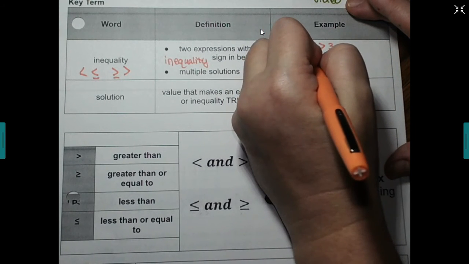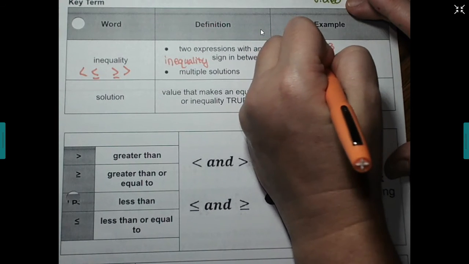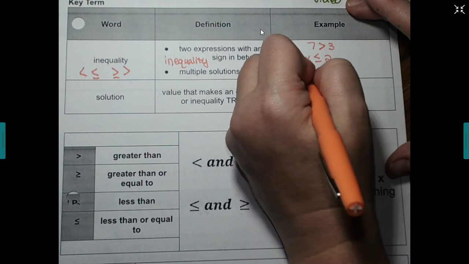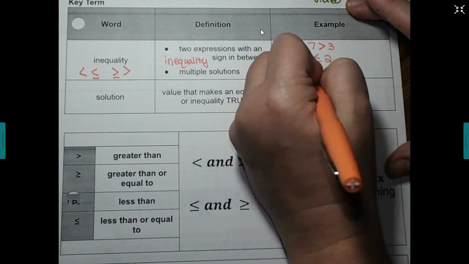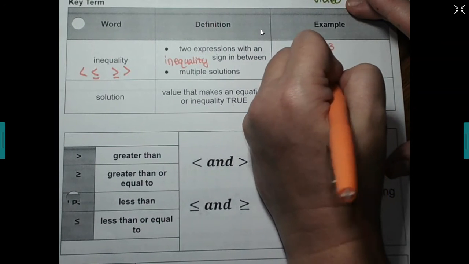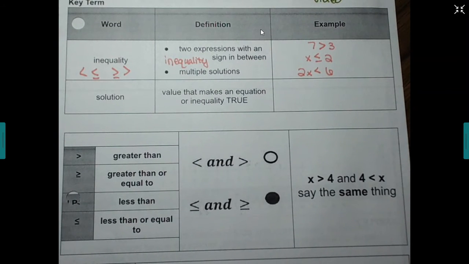You might see x is less than or equal to 2. Or you might see 2x is less than 6. Those are all examples of inequalities.